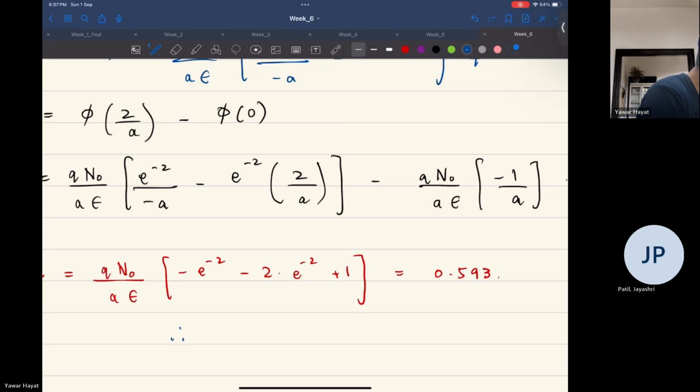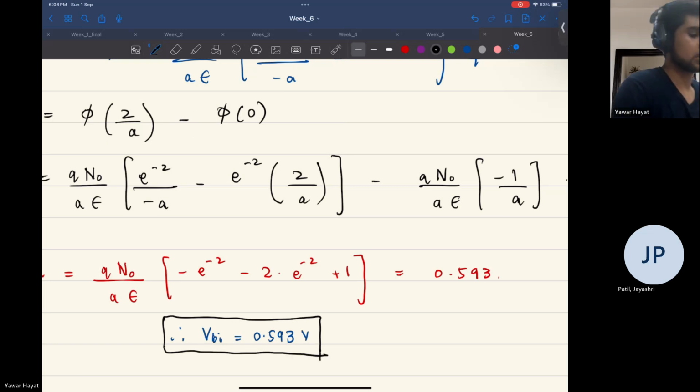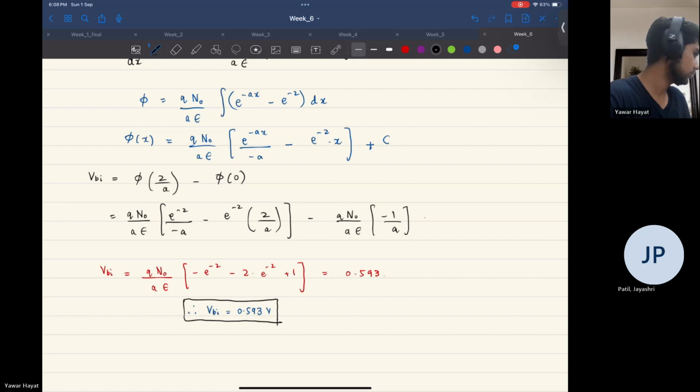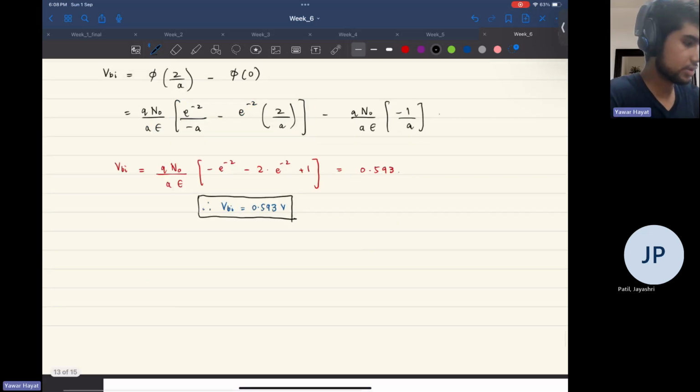Therefore, VBI is equal to 0.593 volts. Right? So this finishes our question 8.